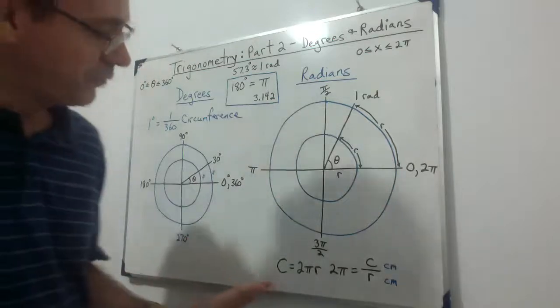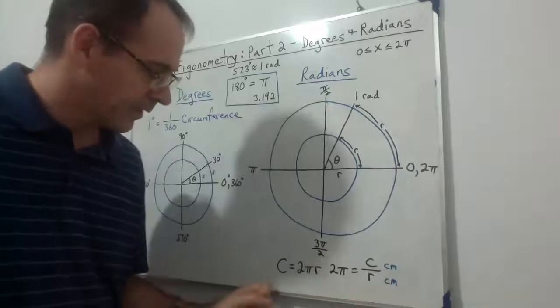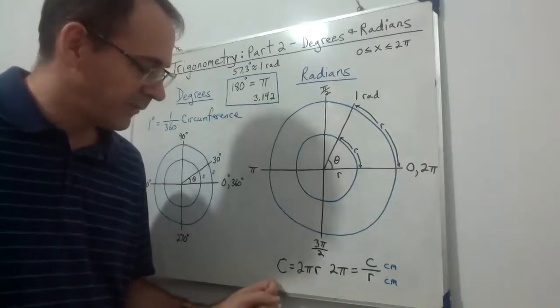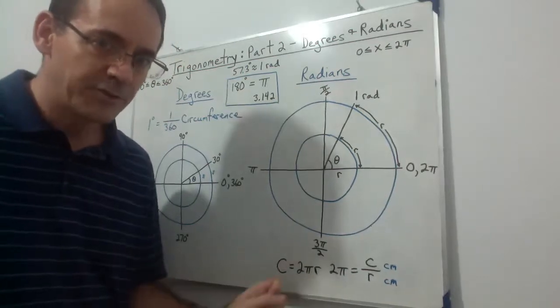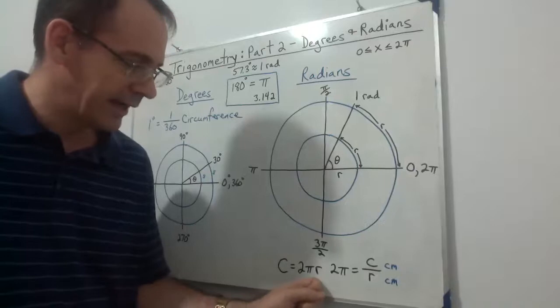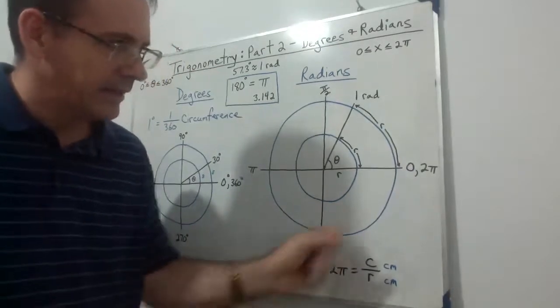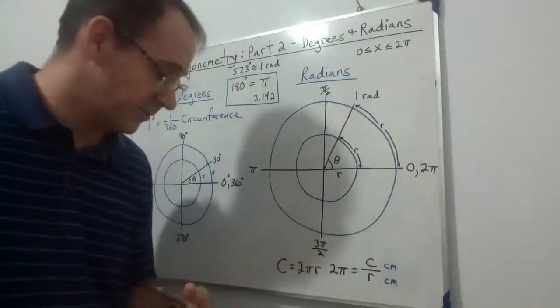Instead, if you look down here at your circumference formula, you might remember circumference equals 2 pi r. Circumference equals 2 pi r. So the 2 pi is actually our 360, the complete circle.